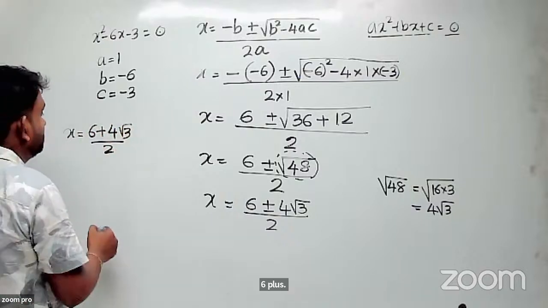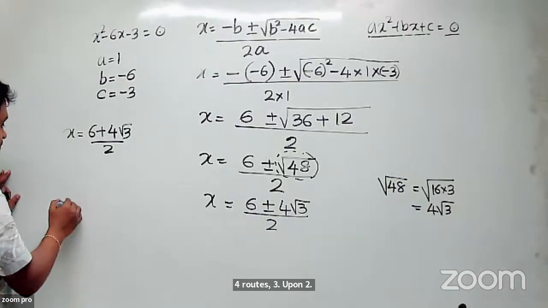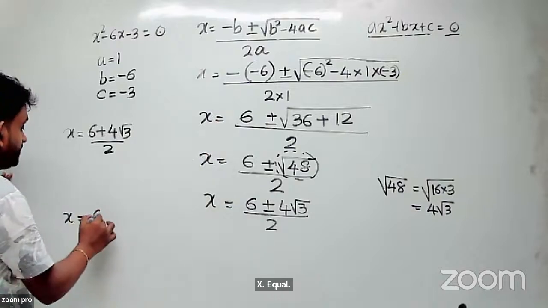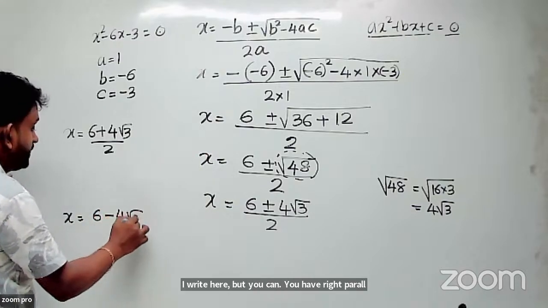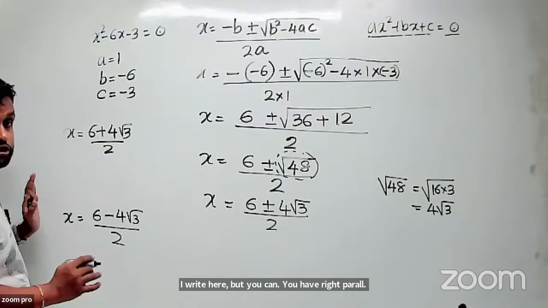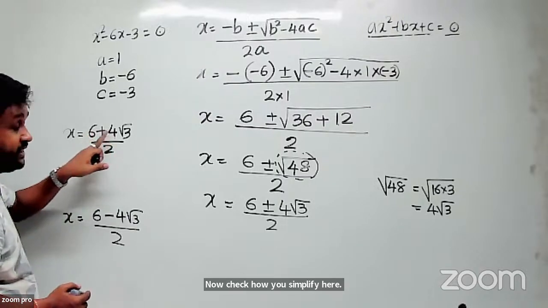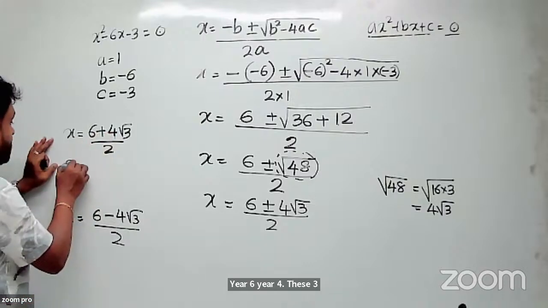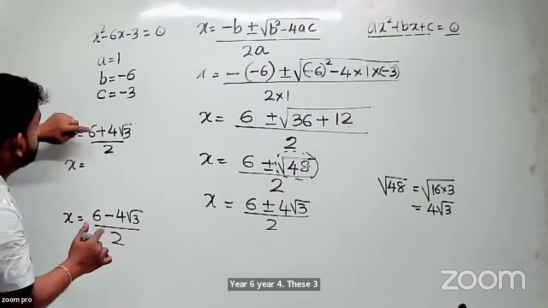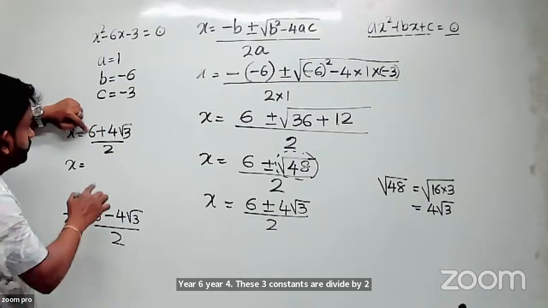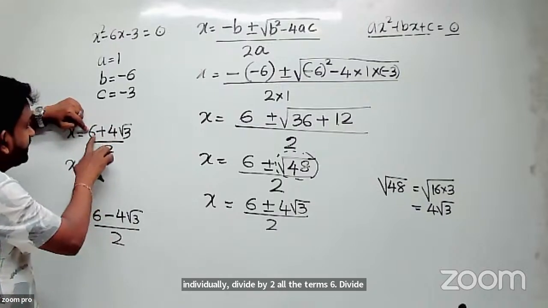Or the other answer, x equals 6 minus 4 root 3 upon 2; write it parallelly. Now check how you simplify. Here 2, here 6, here 4. All these three constants are divisible by 2, so take 2 as a common factor.